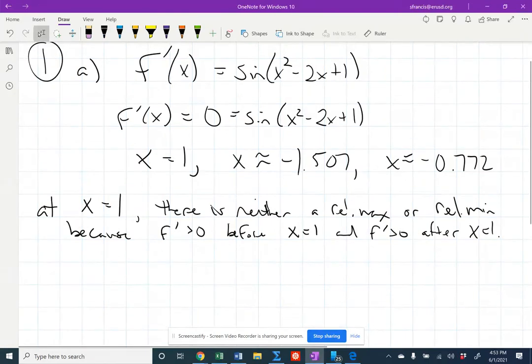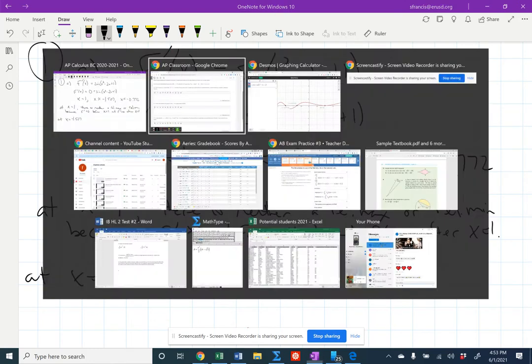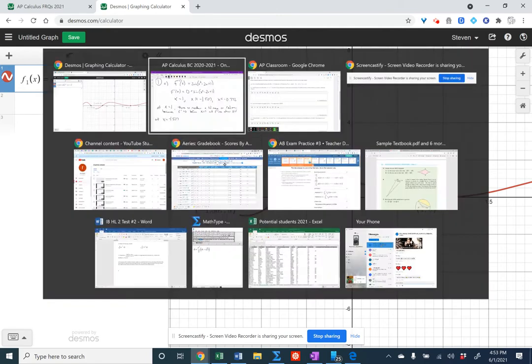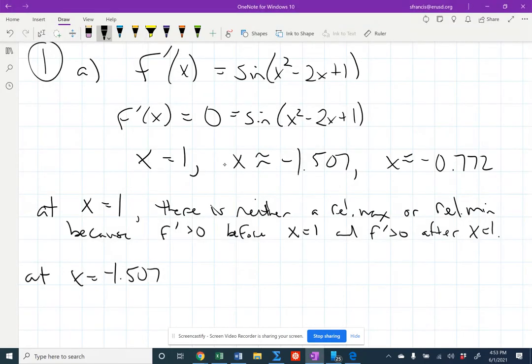Now let's say at x equals negative 1.507, and I don't remember what's happening with this. We'll go look at the graph. We can see the derivative. Look right here, it's positive before and negative after, so there's a relative maximum there.